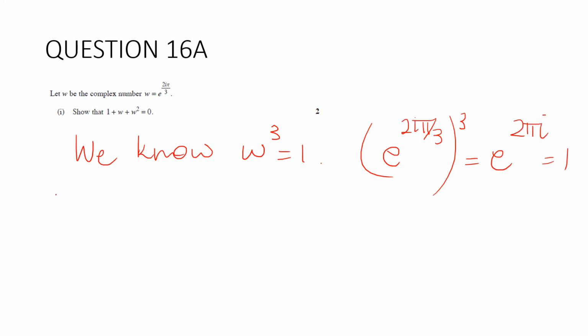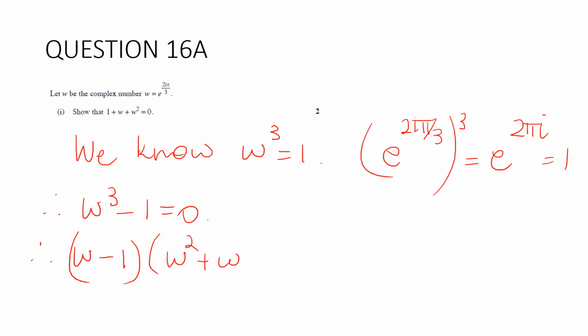Therefore, w cubed minus 1 is equal to 0. Therefore, w minus 1, in brackets, w squared plus w plus 1 is equal to 0. Therefore, w squared plus w plus 1 is equal to 0.